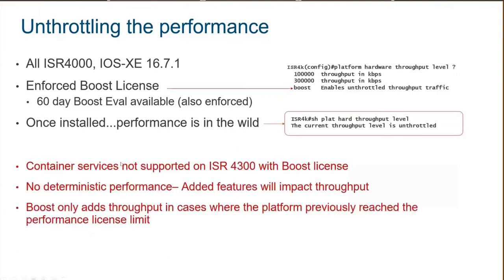There are a few limitations, like on the ISR 4300 family with the boost license enabled, container services can't be run. Majorly because the CPU cores will be involved in traffic processing, so it's not advisable. It's not supported to run the containers.